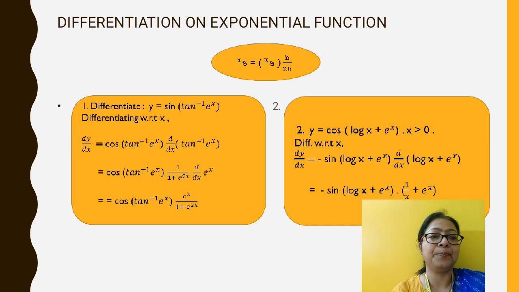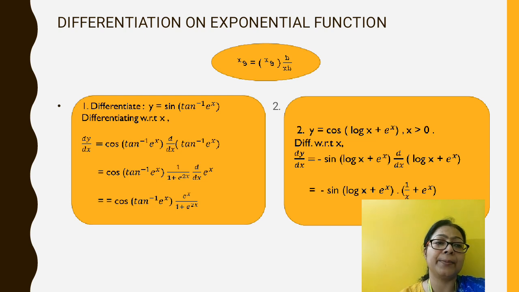Next, another sum: y equals cos of log x plus e to the power x, where x is more than 0. Differentiating with respect to x both sides, the left hand side gives dy/dx, and on the right hand side the derivative of cos is minus sin. So minus sin of the bracket part, same as it is, log x plus e to the power x.